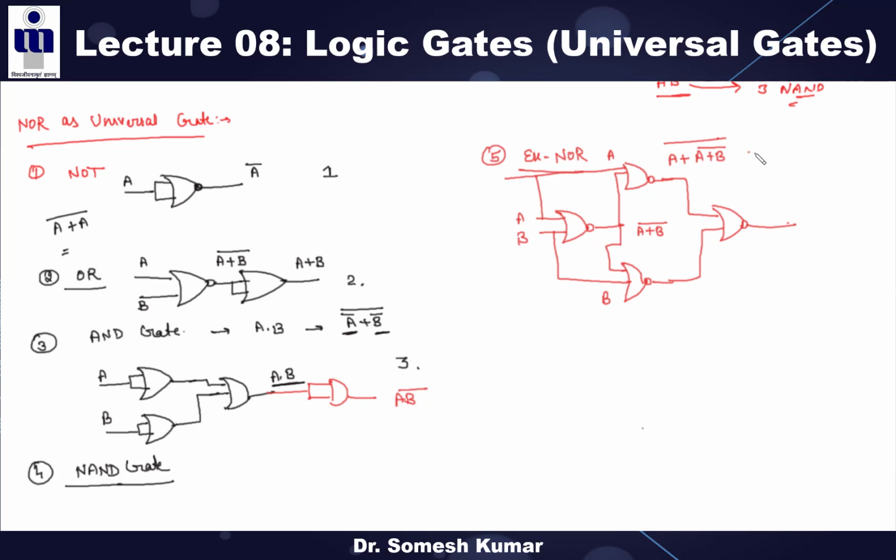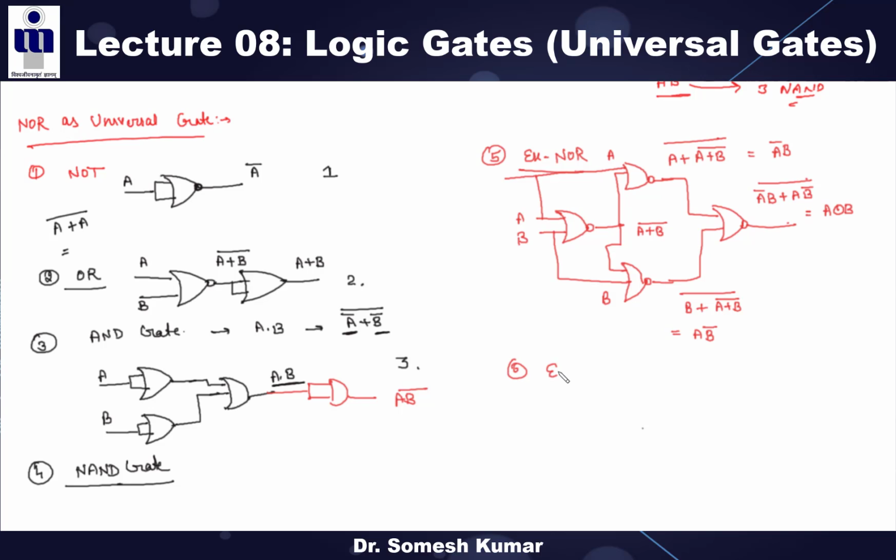So if we solve this, then you will get A bar B. I already told you in the previous lecture. Then this is B plus, then it will give AB bar, right? So from here, A bar B plus A B bar whole bar is nothing but A XNOR B, right?